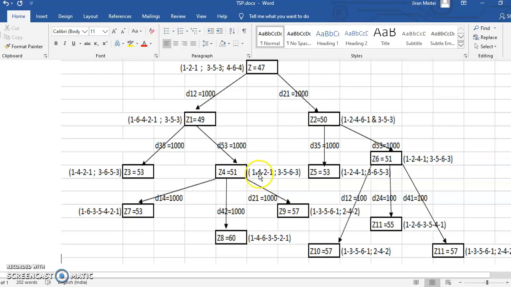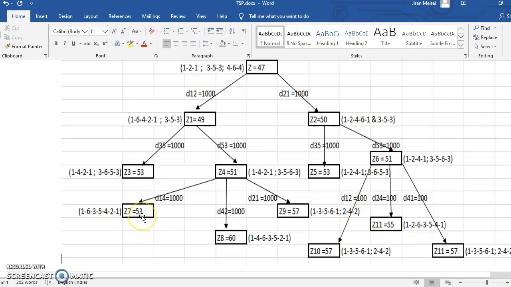I've selected this one and divided it into 3 subproblems. Now all 3 subproblems are solved similarly as we've done in the previous branches, and these are the solutions. This subproblem has a complete tour. This subproblem also has a complete tour, and this does not have a complete tour.